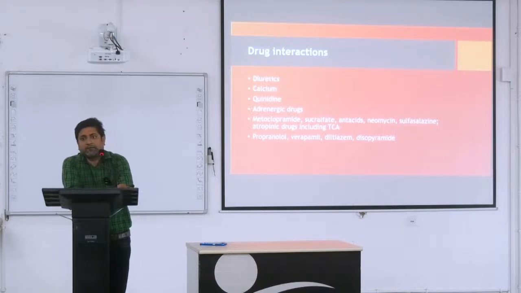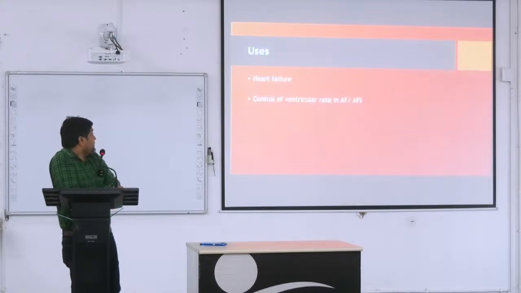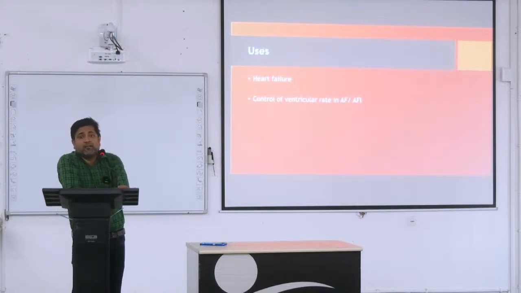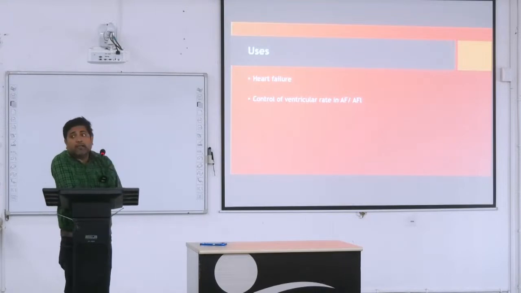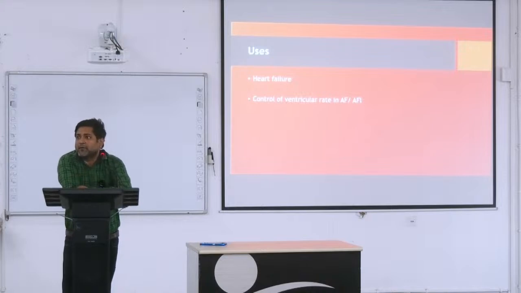So the usage of digoxin is in heart failure and in the control of ventricular rate. It does not reverse the arrhythmia. Atrial flutter or fibrillation is not reversed, it is only used to control the heart rate.